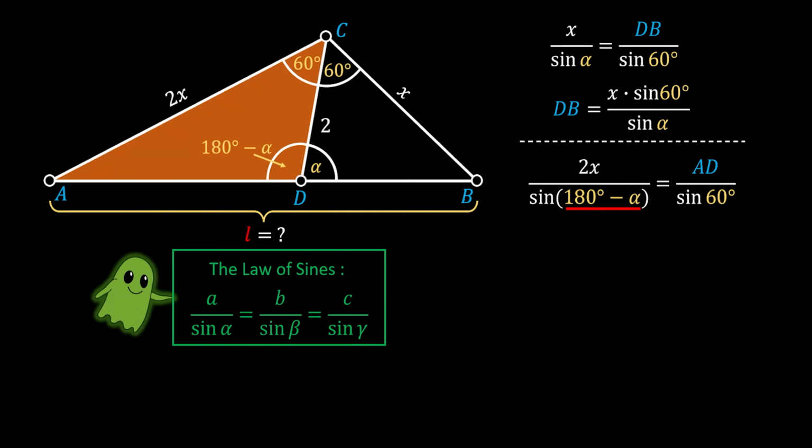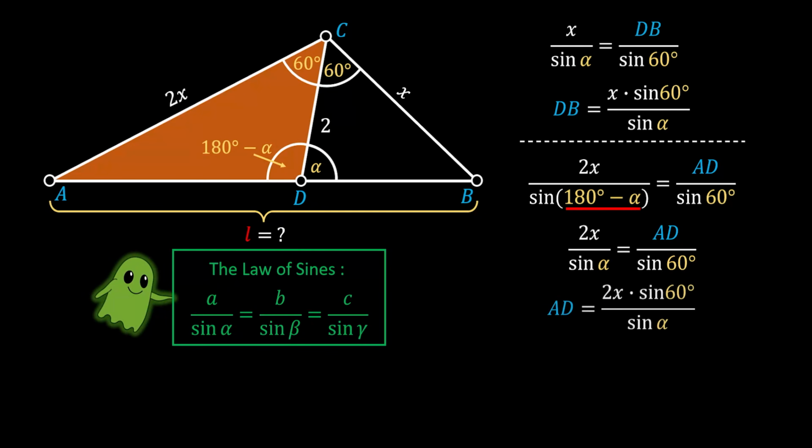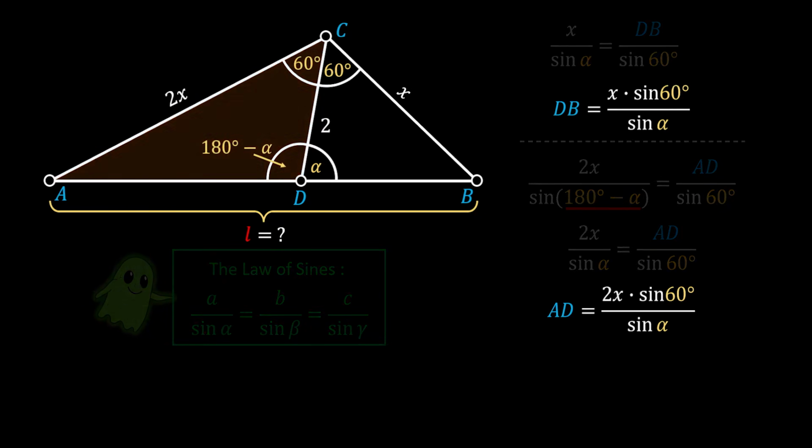This is actually the sine of the supplementary angle, and it is always the same as the sine of the original angle. So sine of 180 degrees minus alpha is equal to the sine of alpha. Now we're going to do some rearranging once again, and we will write our equation in terms of AD.